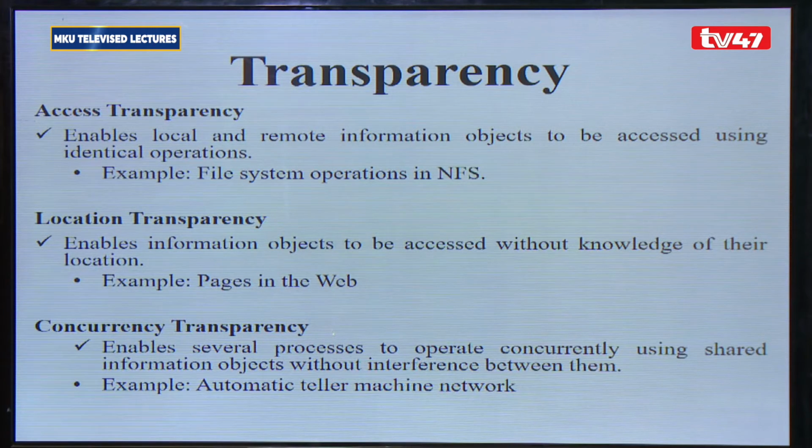You can imagine when you go to an ATM and you withdraw your money and you go to another ATM and you find your balance is still the same. That will bring some issues about transparency. So our distributed system should be concurrent. In case you withdraw money at this ATM, the balance should reflect immediately. So that's why I decided to use the automated teller machine example.